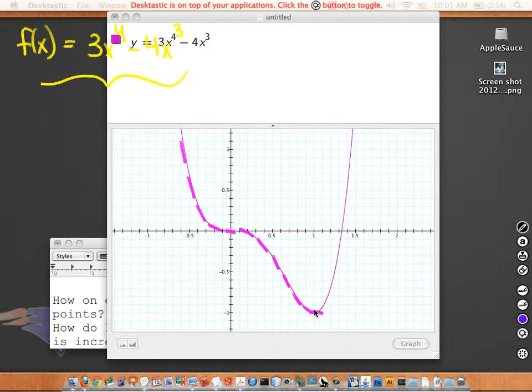Once you get to here, the tangent lines begin to change. Increasing, increasing, increasing. So it looks like we found the place where it changes from decreasing to increasing, somewhere around here, right? So remember, I used the tangent line in order to find this. So what we do is we use the first derivative.